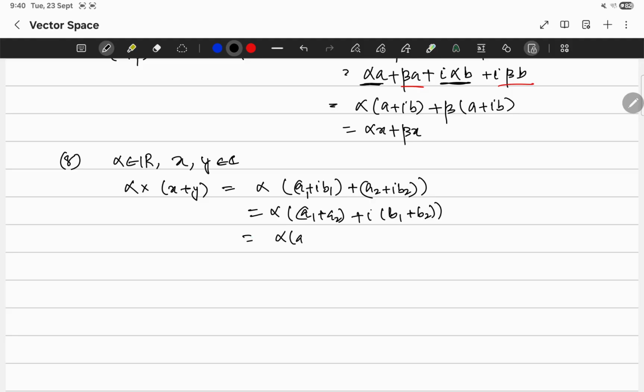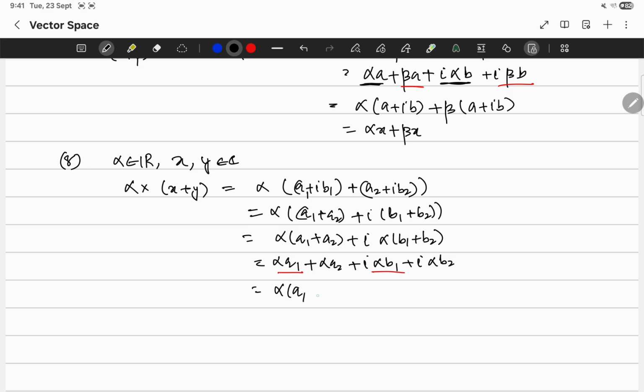That is alpha A1 plus alpha A2 plus iota alpha B1 plus iota alpha B2. Now combine these terms.